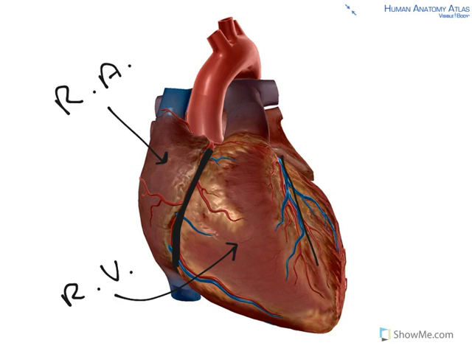So here's another groove. And this is the groove which separates the right ventricle from the left ventricle. And it contains coronary vessels once more. Are there any other grooves we can see?